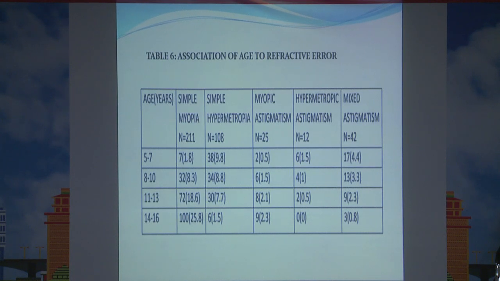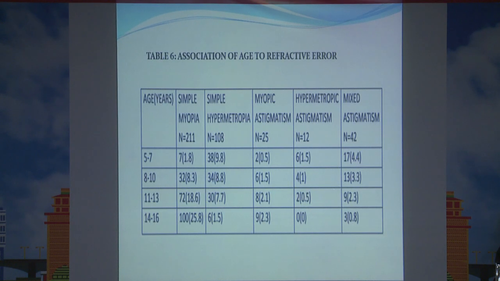In age group 5 to 7 years, simple myopia 1.8%, simple hypermetropia 9.8%, myopic astigmatism 0.5%, hypermetropic astigmatism 1.5%, mixed astigmatism 4.4%. In age group 8 to 10, simple myopia 8.3, simple hypermetropia 8.8, myopic astigmatism 1.4, hypermetropic astigmatism 1%, and mixed astigmatism 3.3.